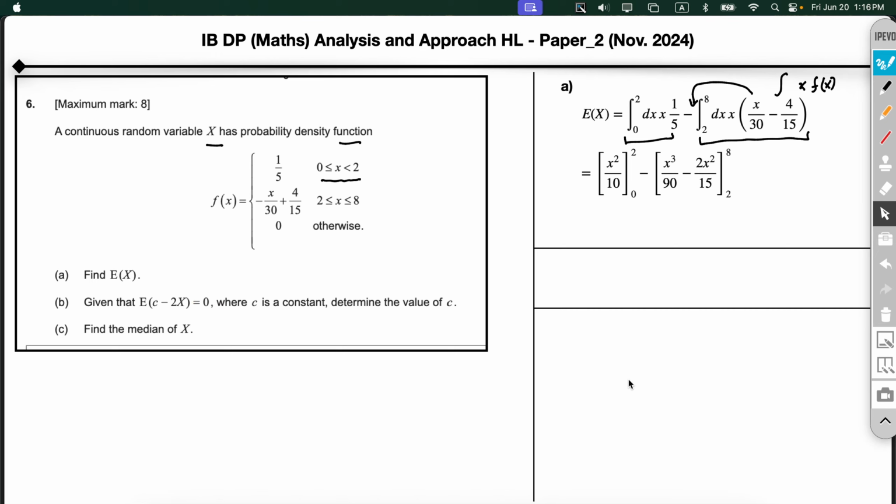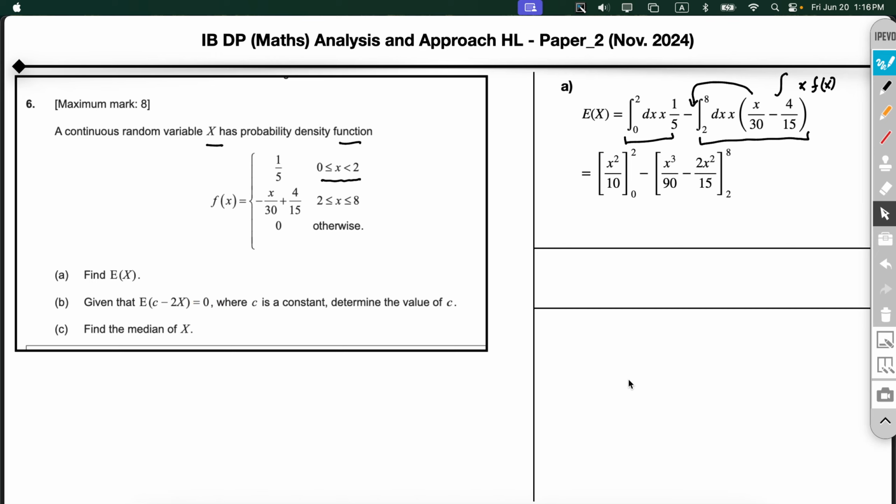Now the next part asks, if expectation of c minus 2x equals 0, then what is the value of c? So expectation is a linear operator. So if I have c minus 2x, it is expectation of c minus expectation of 2x.